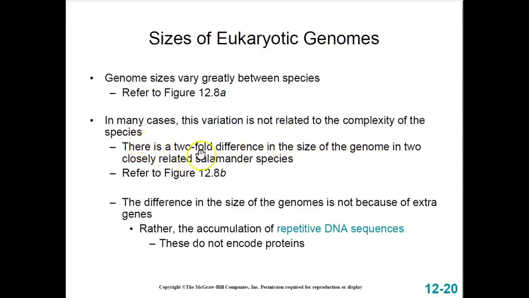So you can look at two really closely related salamander species, and one will have a small genome, the other one's really big. The difference in the size of the genomes isn't usually, again, because of extra genes. It's because of those intronic or what we call repetitive DNA sequences that don't code for anything.